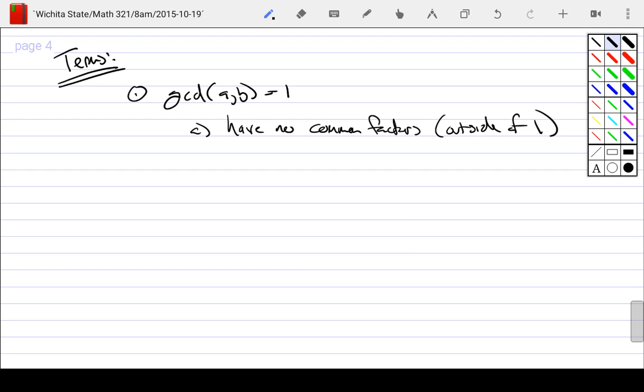Nothing else can divide both of them. So if I do all the prime factorizations, in other words, no common primes. They have no common primes between the two of them. And if that's true, we'll go ahead and call these relatively prime.